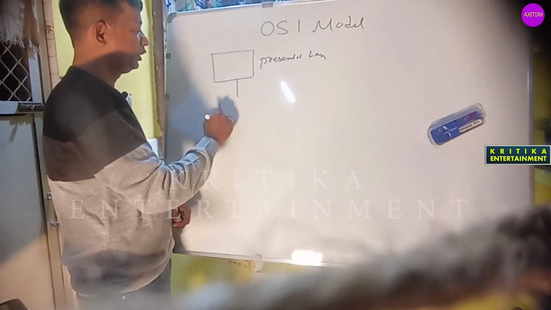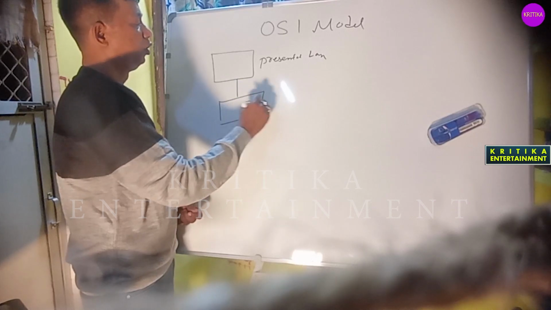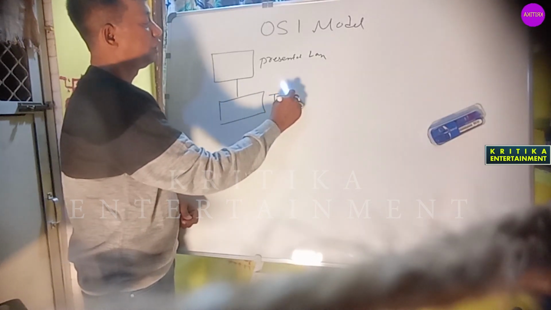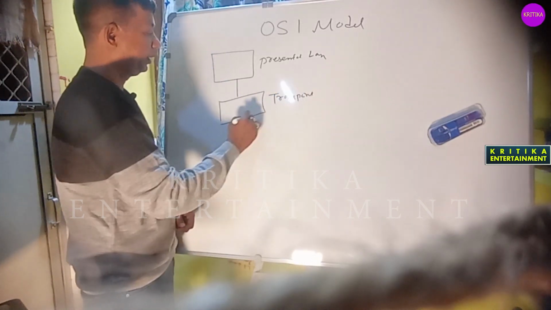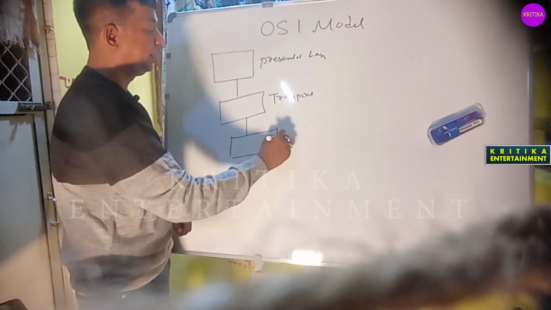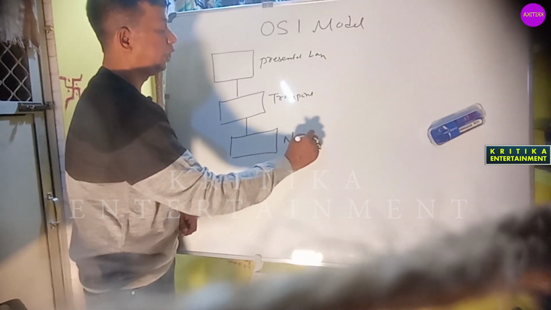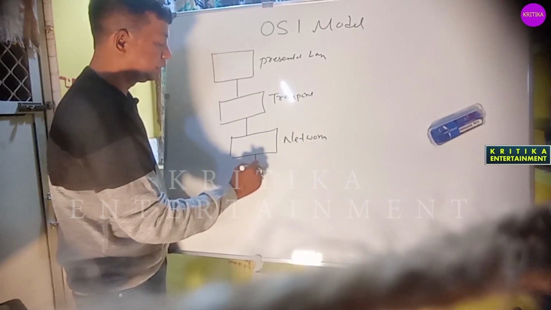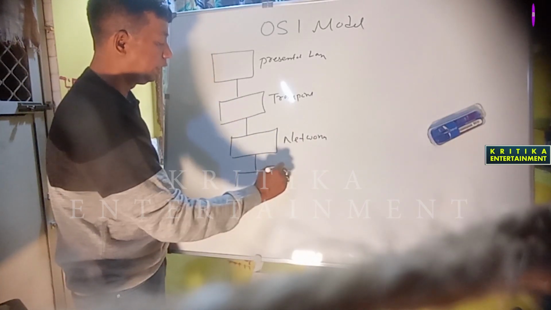Then this is your transport layer. Then this is your network layer, and this is your data link layer.